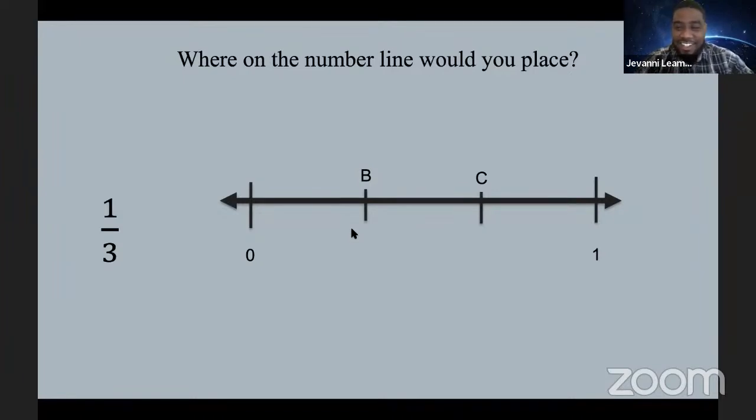Anyone else would like to say something via the chat or the microphone? No? All right, thanks, Mrs. Clark, Stewart. So it is indeed B. So using a number line, we can tell where fractions are. This is a popular type of question that we tend to ask a lot.